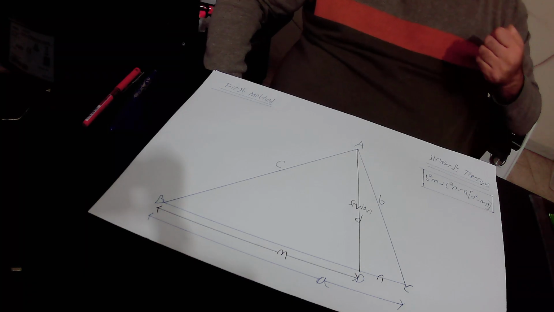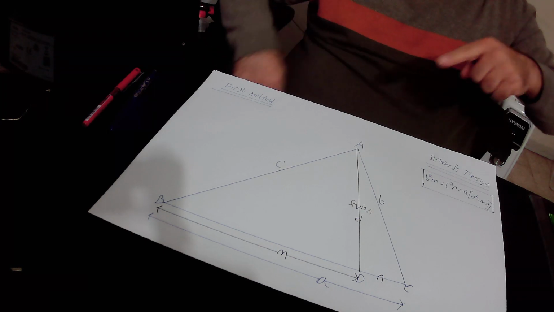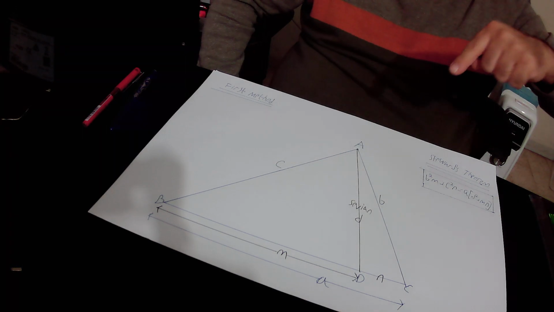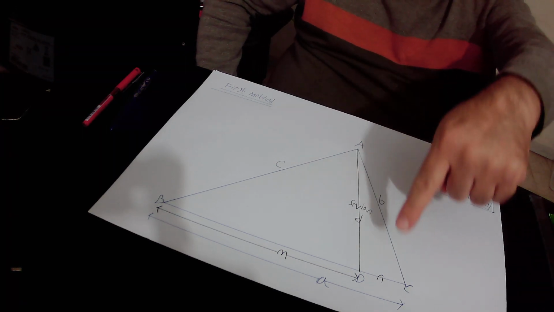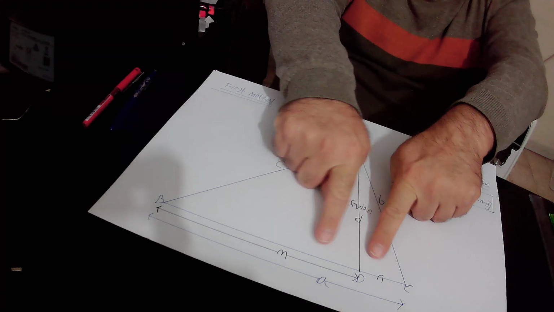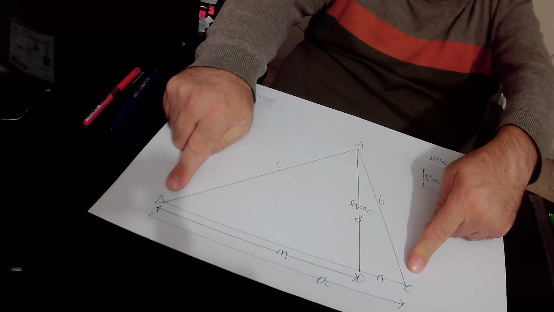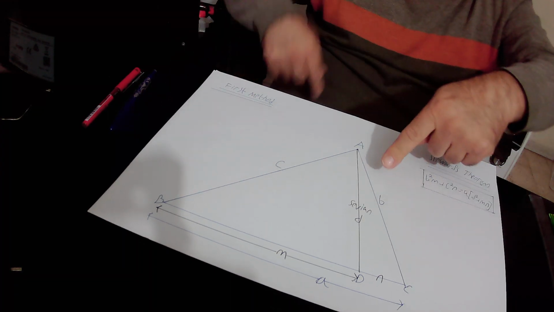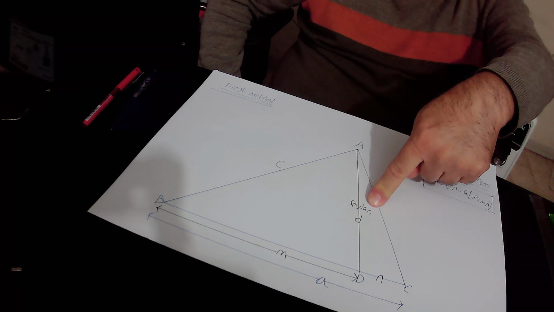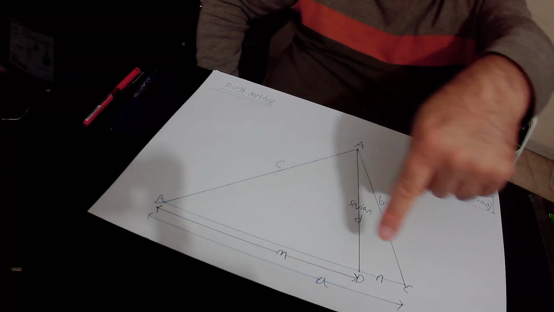And according to Stewart's theorem, B squared times M plus C squared times N equals A, where A is the length of side BC, and we open the brackets. Inside the brackets we have D squared, where D is the length of the cevian AD, D squared plus M times N.